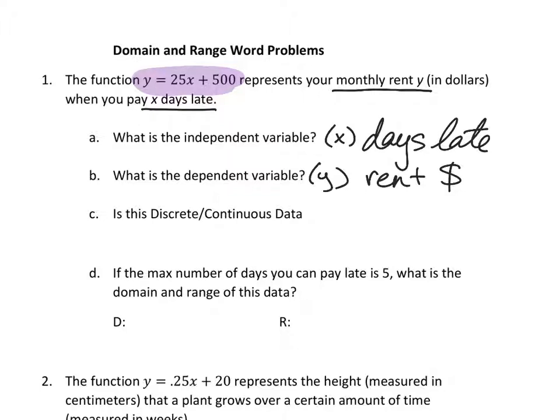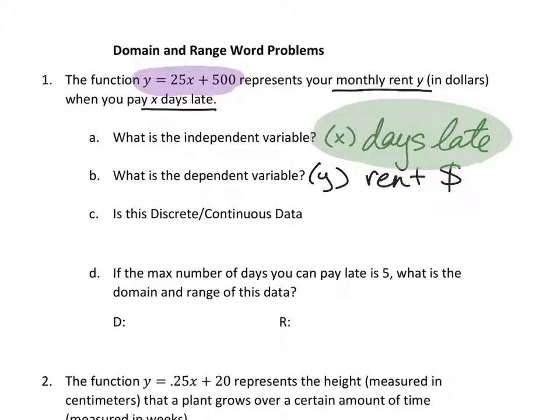We also have to know the difference between discrete or continuous to be able to know what type of domain and range I have to write, since there's two types. The question I asked myself to figure out if it's discrete or continuous is to look at my input. Can I pay half a day late and it be different than if I paid a whole day late?